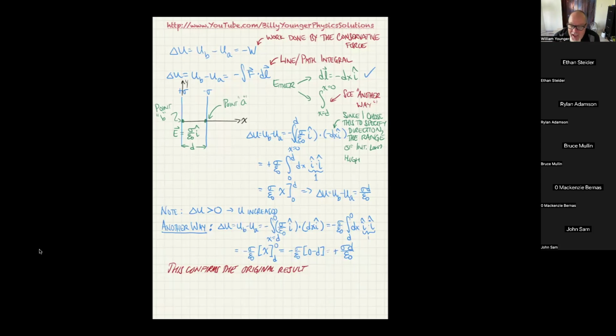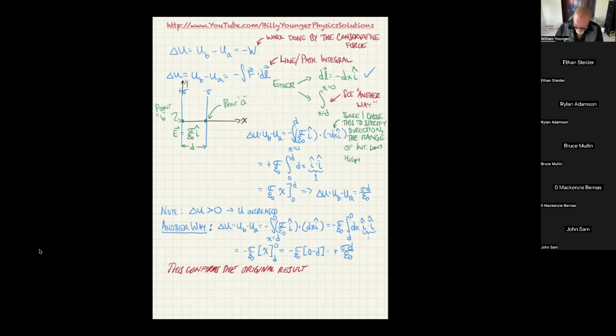So if we now think about potential energy, and instead we want to talk about what's called the electric potential, then we'll say that the electric potential, VB minus VA, which is the electric potential's change in going from A to B, is going to be the work divided by the charge that felt it. Okay. So that's where we get the idea of electric potential.